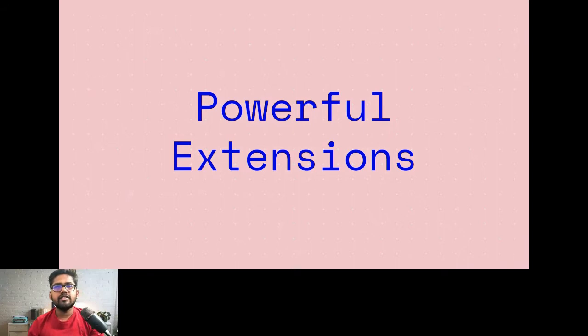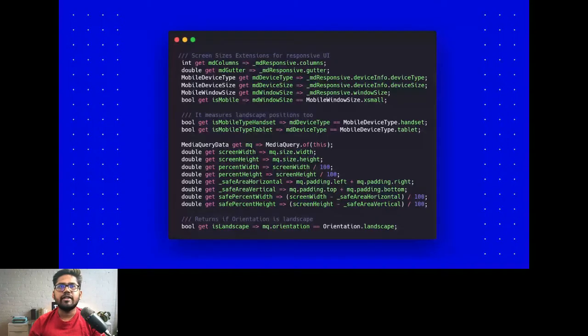And most of these extensions I used to write separately for my apps, and then I thought about using them with VelocityX. So for example, if you see this particular slide, we have been talking about all the context extensions. Okay, so build context we use everywhere in our Flutter app, and if you want to use this context extension, then you can use VelocityX, and it gives you a lot of things.